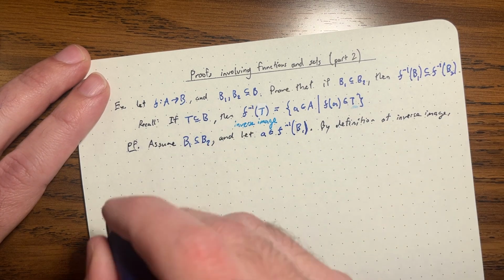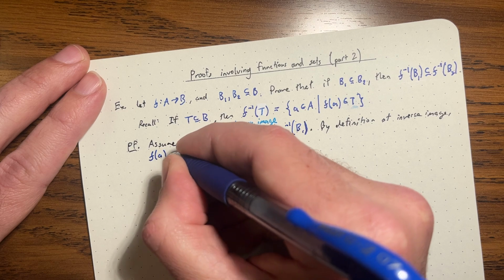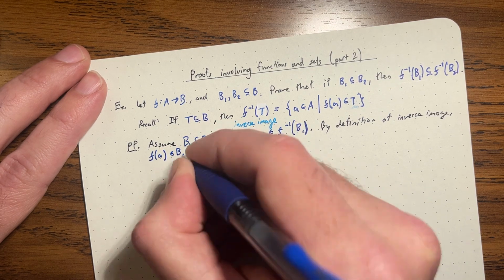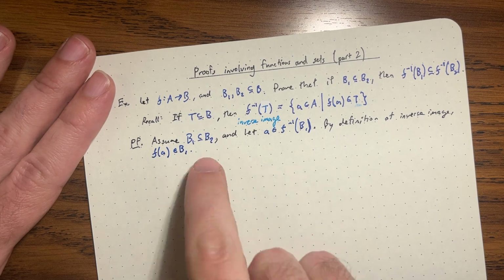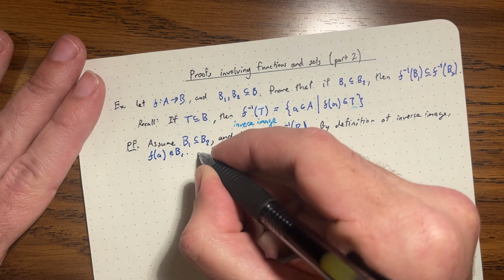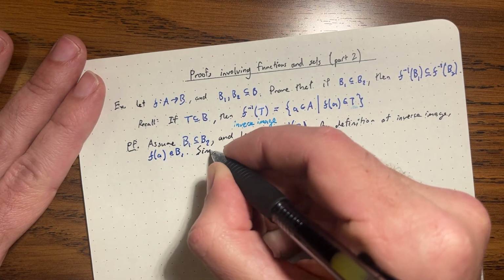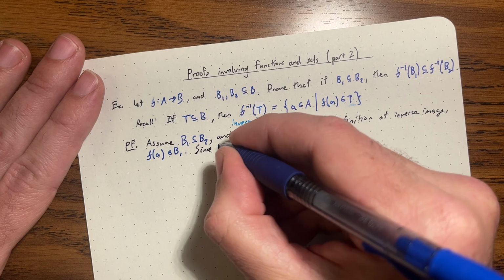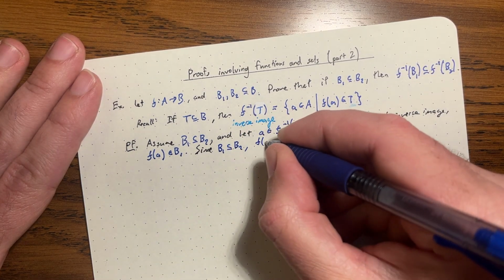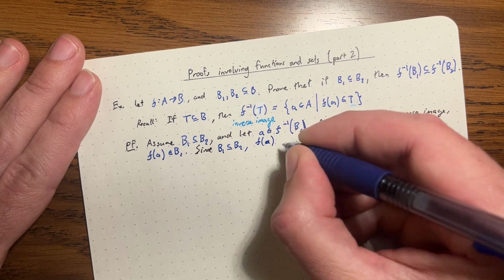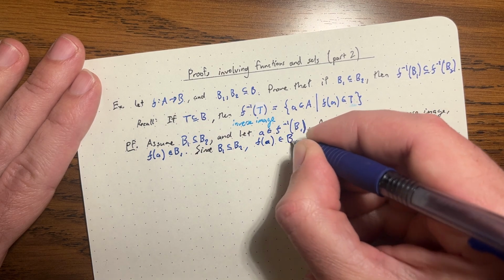So f of a is in B1. But B1 is contained inside B2. So since B1 is in B2, f of a is also in B2. It's an element of B2.